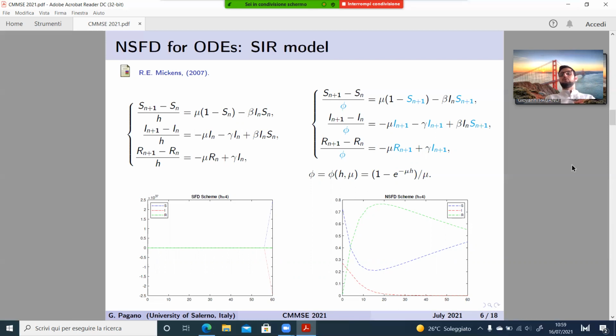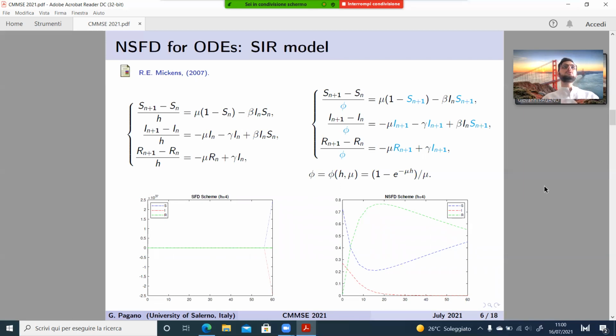But we also want that the solution does not explode as the time goes to infinity. With this step size, that is a big step size, the SEIR model represents the situation for long times.